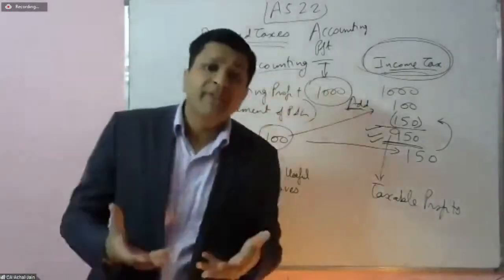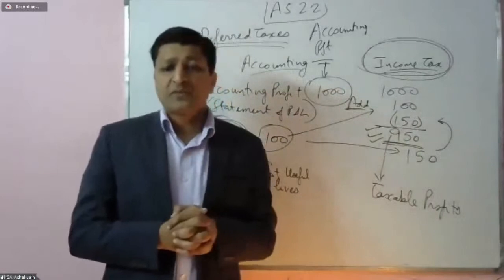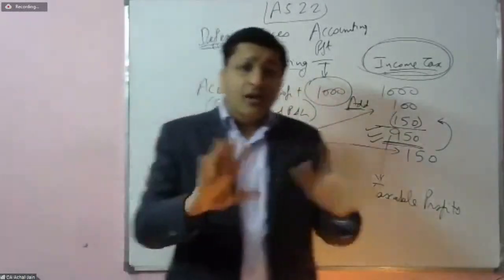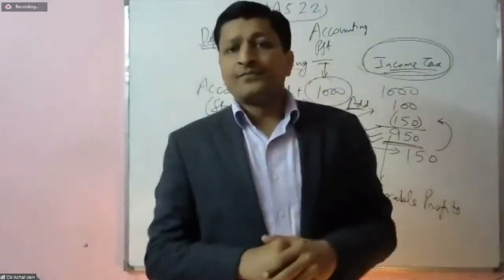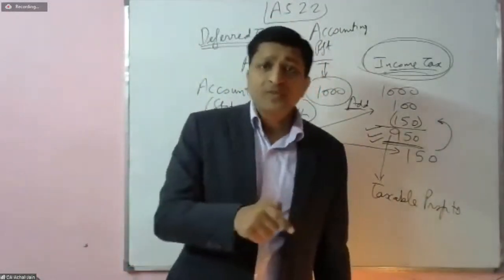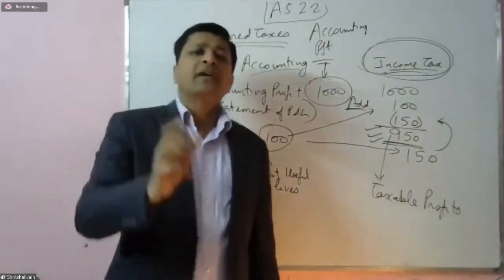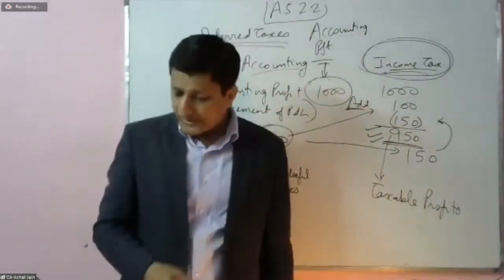How is this relevant? What impact it will have on the financial statements? Because at the end of the day, we are not reading income tax. We are covering accounting. So there has to be something which we need to know, which will have an impact on the financial statements. So let's come to the point now.